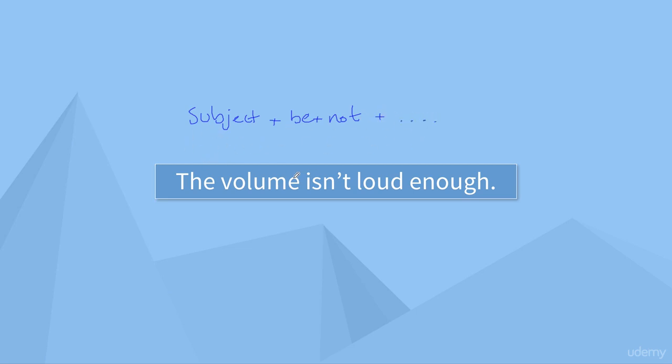Subject be not. So the subject is the volume, and we would replace it with it. Be becomes is, and it's in a contraction with not. So the volume isn't, and then you can continue: loud enough.